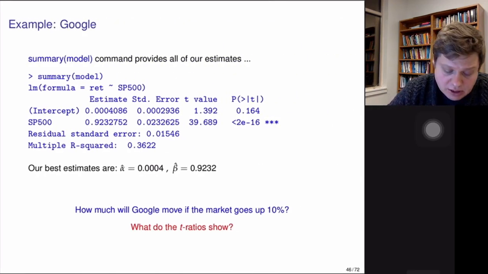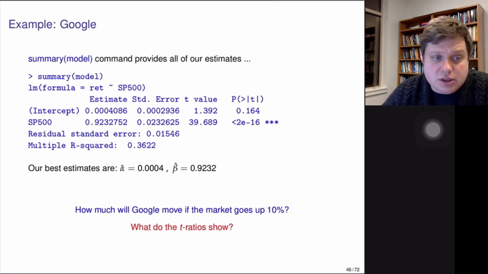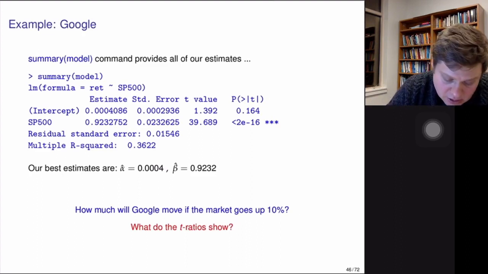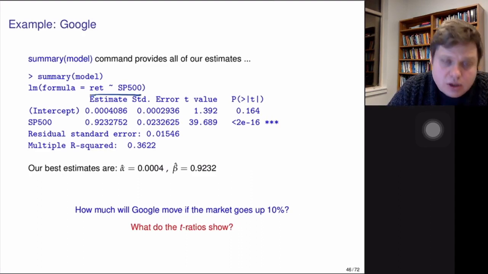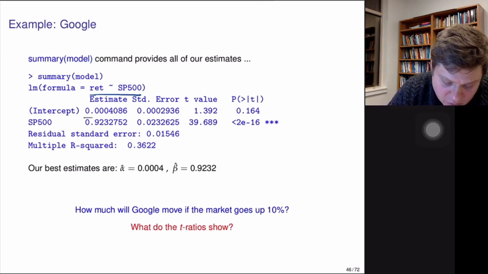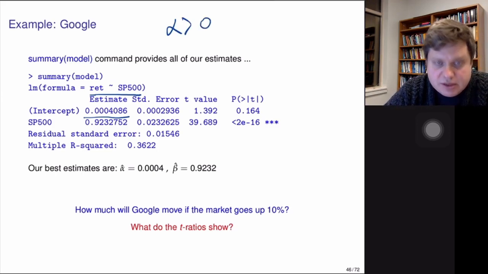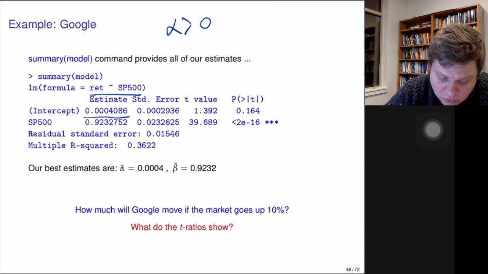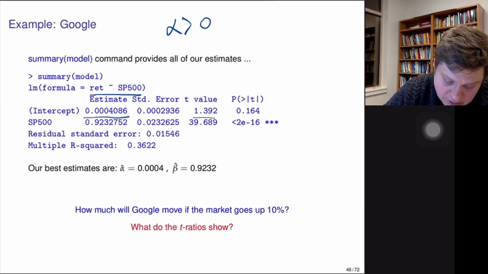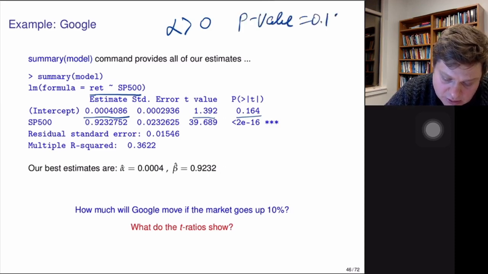Okay, so let's fit the model. We're going to use the lm function from R, and we will fit the returns of Google, regressing them on the S&P 500 returns. And here are the values that we get. We get the intercept, so our alpha is positive, okay. But then the question is whether this positive alpha is truly positive or not, and we're going to look at the t-value and p-value. The p-value is 0.164.